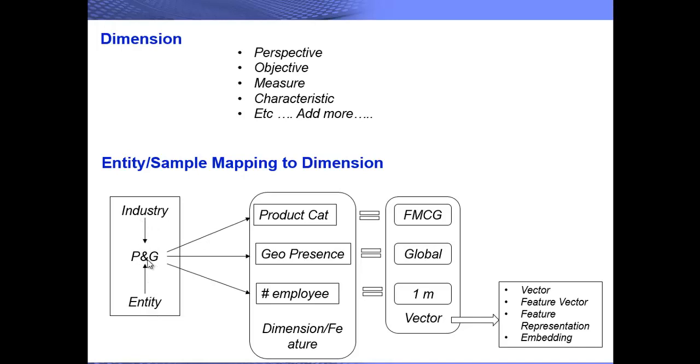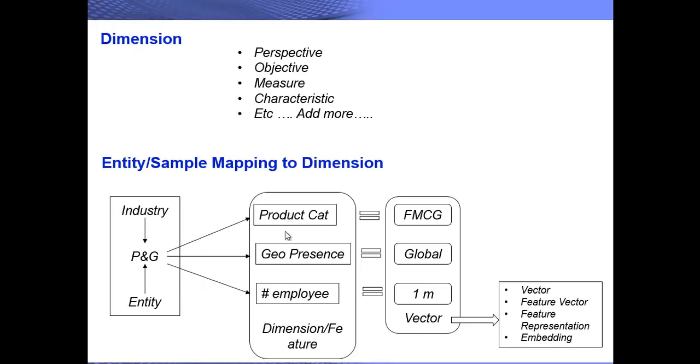So this P&G or this entity has been projected on three different dimensions. So one is what the company, what that entity produces, or what that entity deals in, which product category. What is the presence of that company, geographical presence, and then how many employees are working in that company.